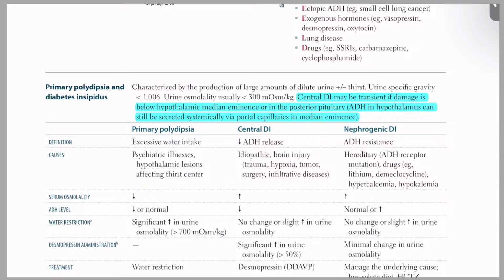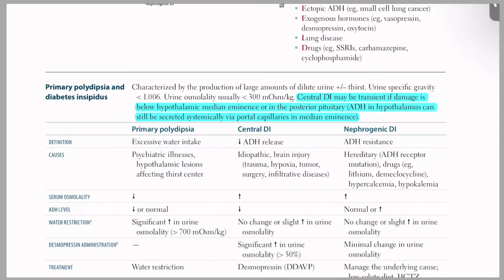Primary polydipsia and diabetes insipidus, characterized by the production of large amount of dilute urine, plus or minus thirst, urine specific gravity less than 1.006, urine osmolality usually less than 300 milliosmol per kg.